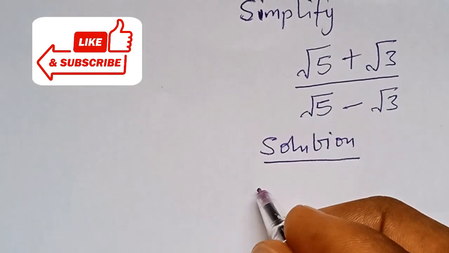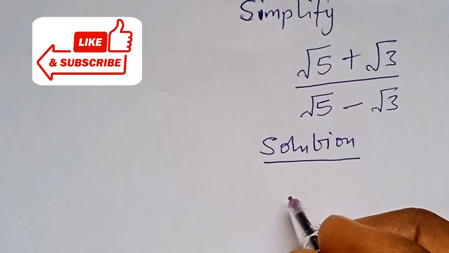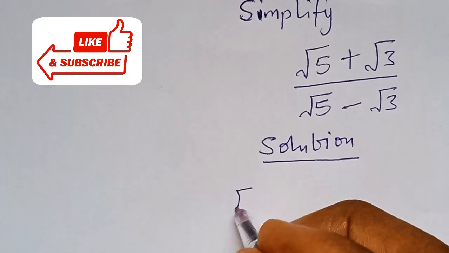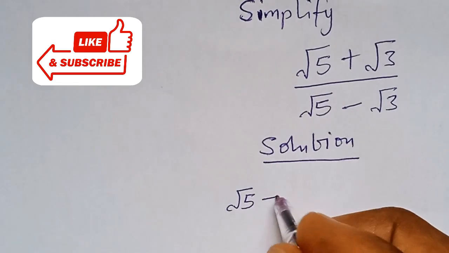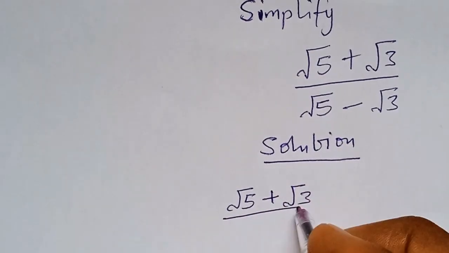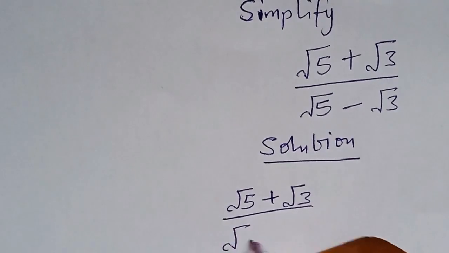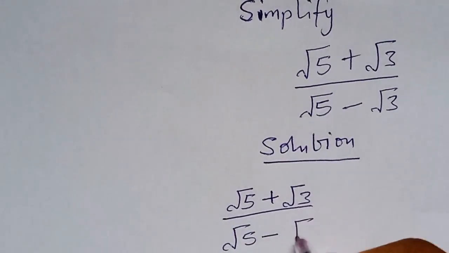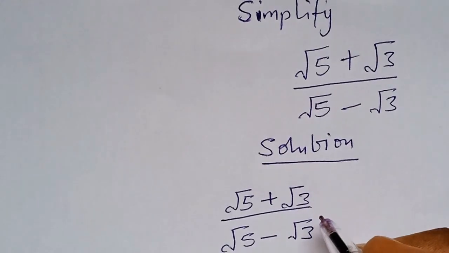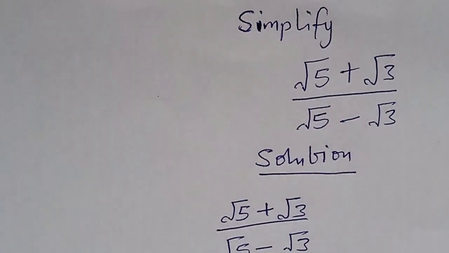So we are to first multiply by the conjugate. So we have square root of 5 plus square root of 3 over square root of 5 minus square root of 3, multiplied by the conjugate.